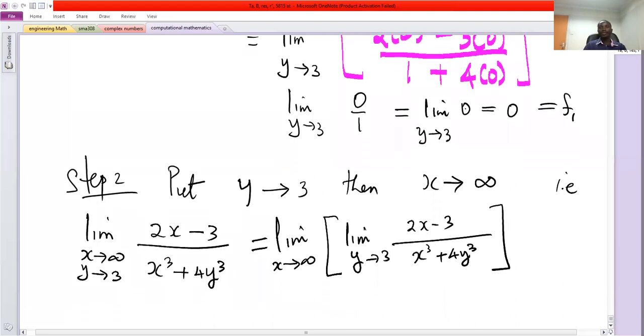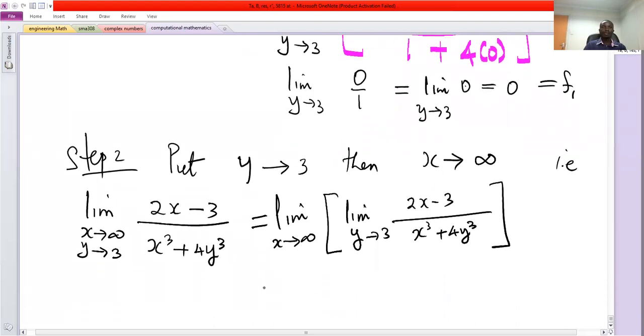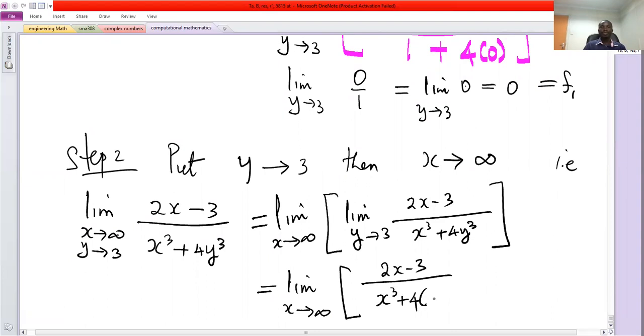So where there's y, you put 3, so that we'll have the limit as x approaches infinity of (2x minus 3) over (x cubed plus 4), but where there's y, you put 3.